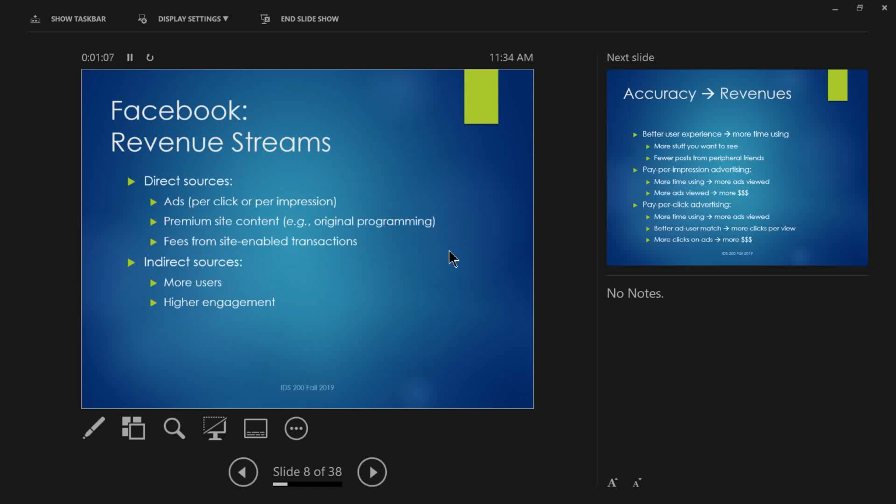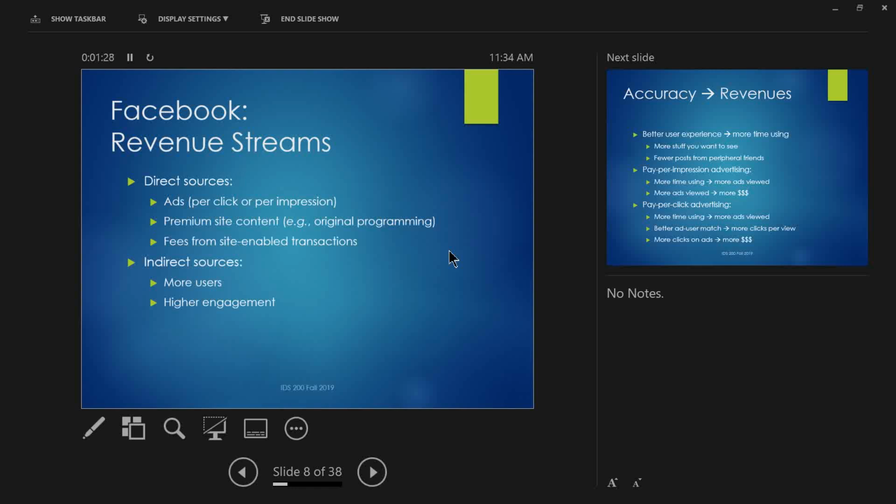The other thing, higher engagement. People are spending more time on Facebook and being more likely to click on things because Facebook has done a better job of showing them interesting content, right? If Facebook just shows you a random assortment of ads, it's pretty unlikely you're going to click on any of them. You're going to be like, well, none of these ads are really anything I'm interested in.